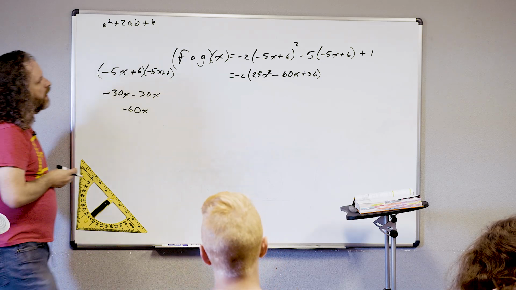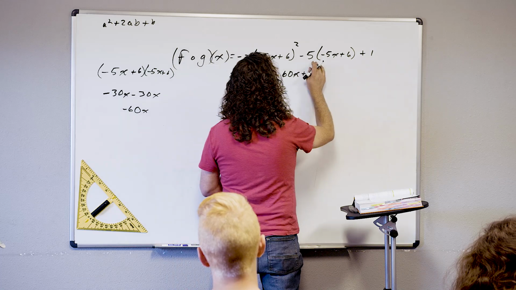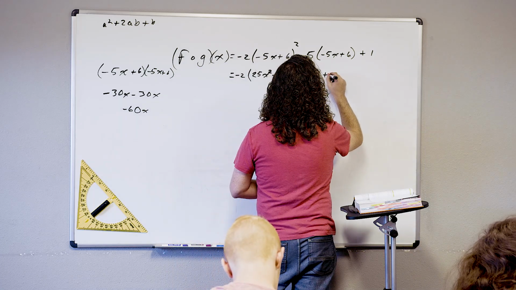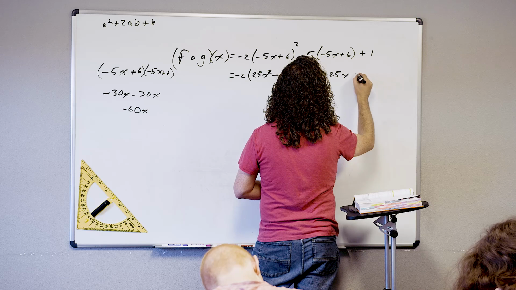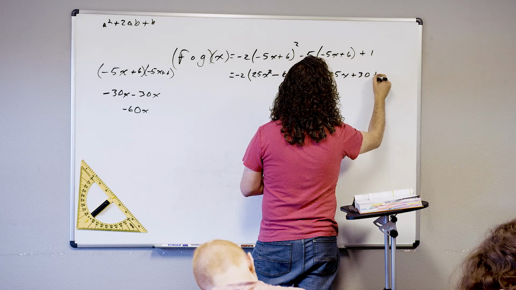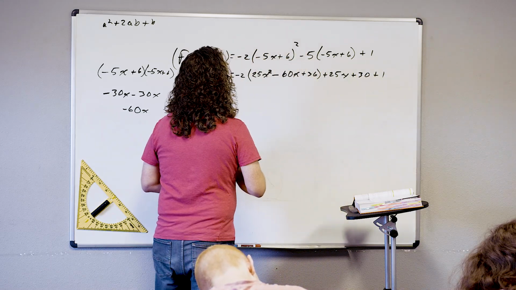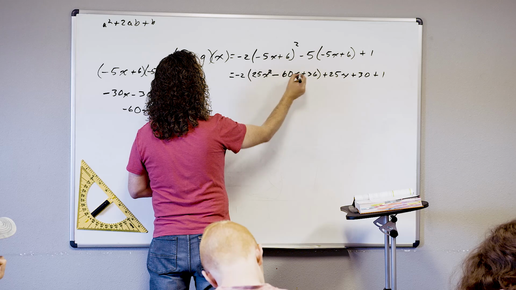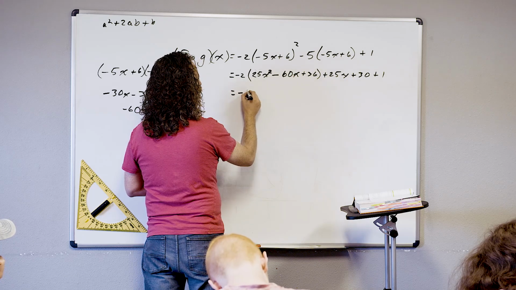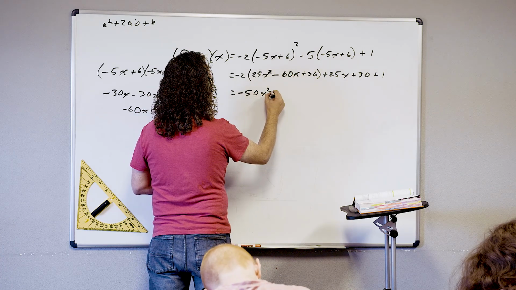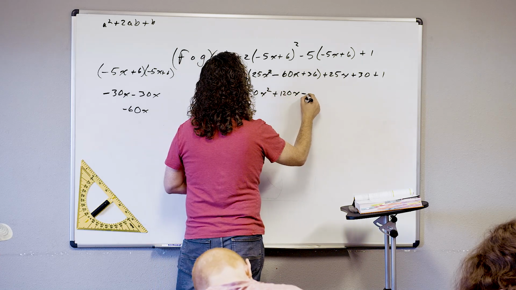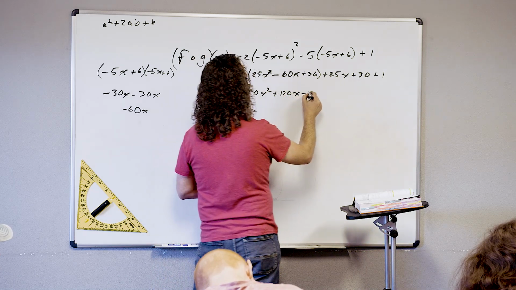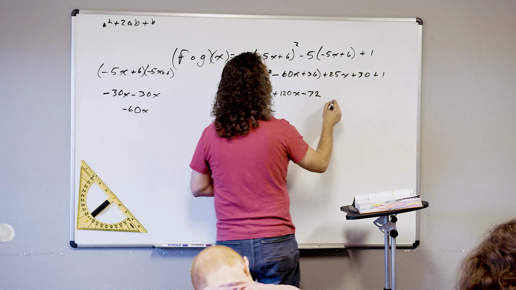Okay. And then the next one, distribute. So negative 5 times negative 5 is plus 25x. And the negative 5 times 6 is plus 30, and then plus 1. And we've got to distribute the -2. So negative 50x squared plus 120x minus 72. Sound accurate?